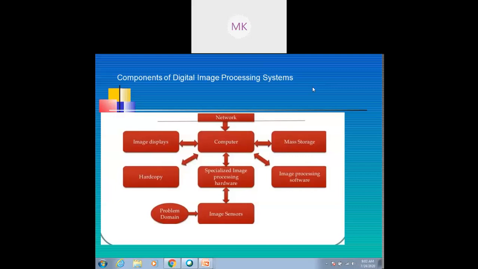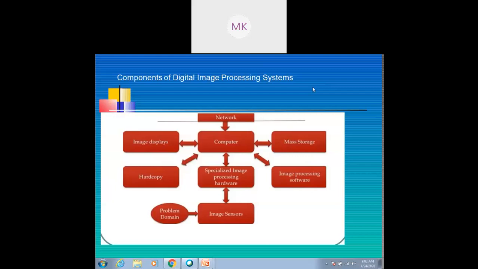Coming to the stages of digital image processing, the different stages are: first is image acquisition, where we are going to acquire the digital image. Then we perform enhancement by using the spatial domain as well as the frequency domain by applying filtering techniques. Then we need to restore the image. If any artifacts are there in the image, we remove these artifacts and improve the image by using image restoration.